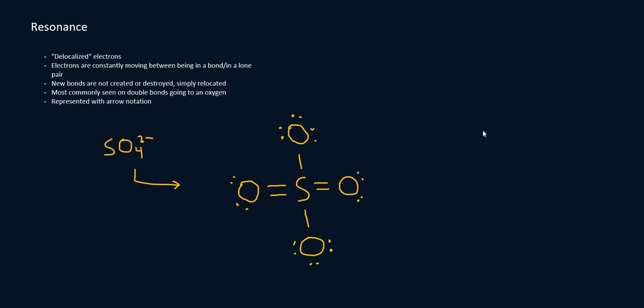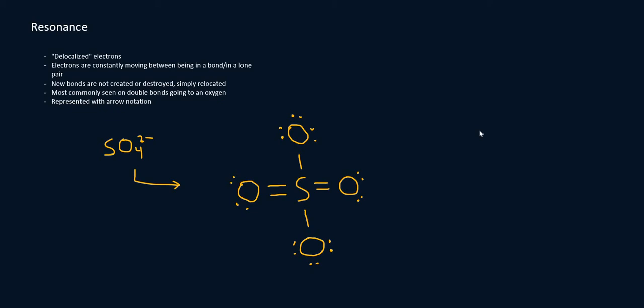Hello, in this video I'm going to be talking about resonance and resonance structures for molecules. By now you should be pretty comfortable with drawing Lewis structures, and with the difference between a single bonded oxygen with a negative charge and a double bonded oxygen that has a formal charge of 0.